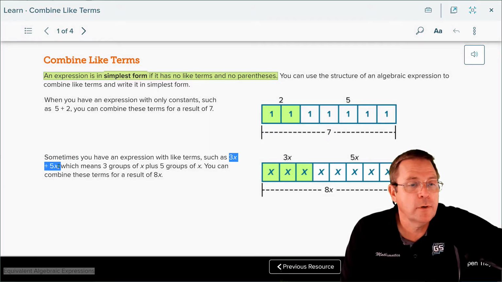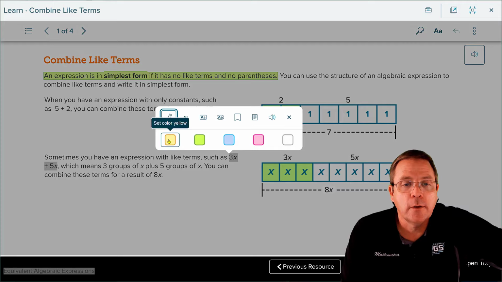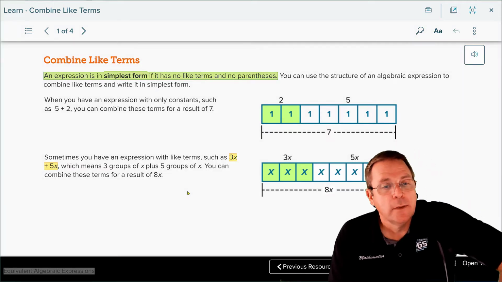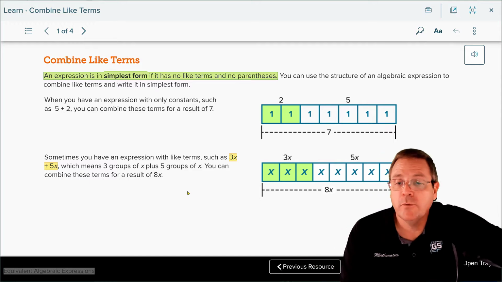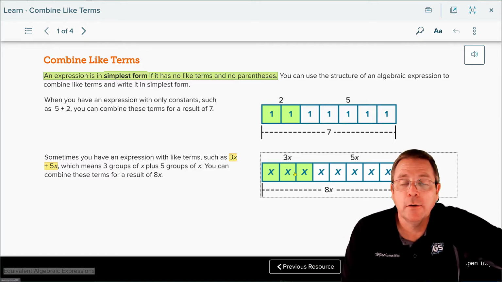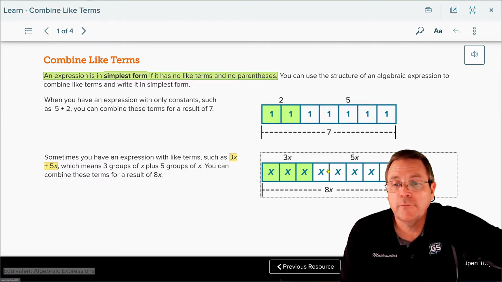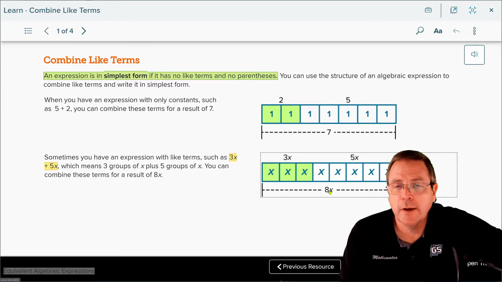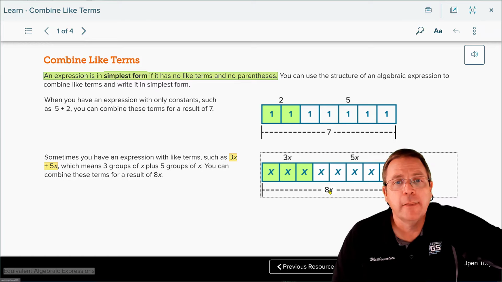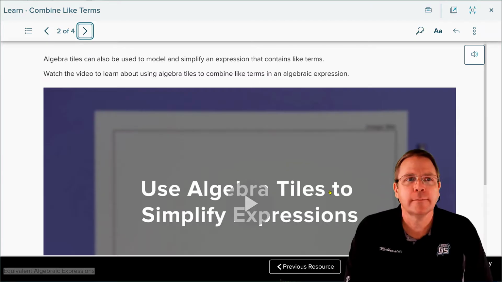Let's highlight those, which means you have 3 groups of x plus 5 groups of x. Those add together to be 8 groups of x, or 8x. That is an example of combining like terms.